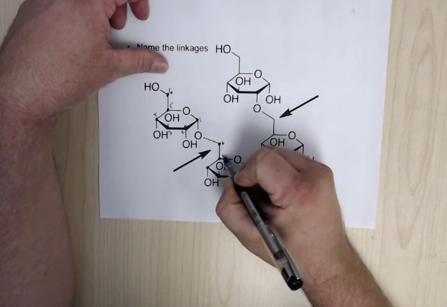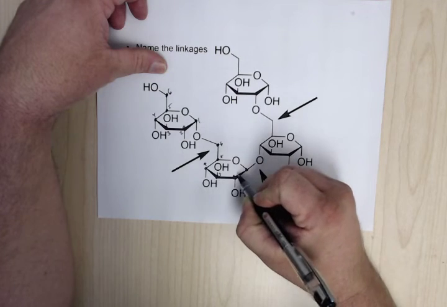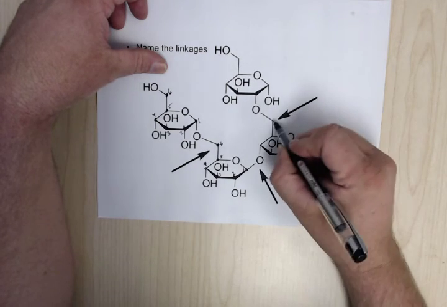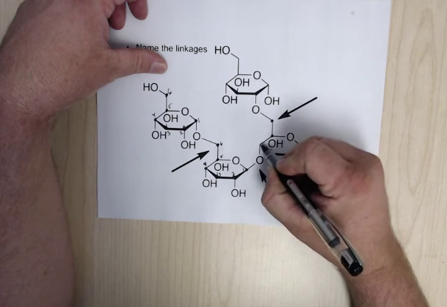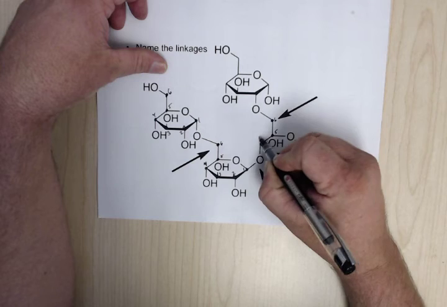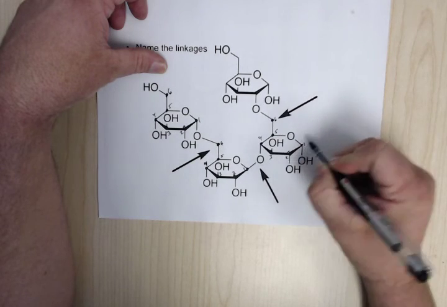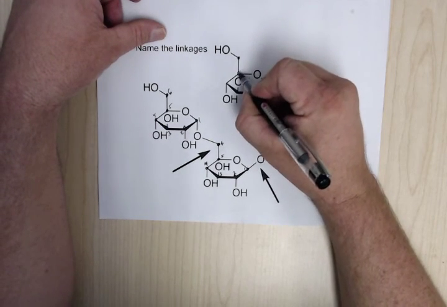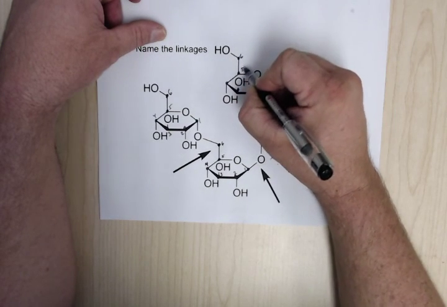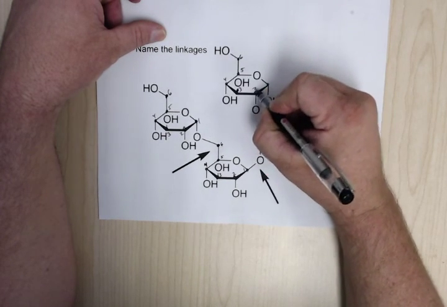So 6, 5, 4, 3, 2, 1. So for here, use your carbons, 6, 5, 4, 3, 2, 1. And then for here, 6, 5, 4, 3, 2, 1.